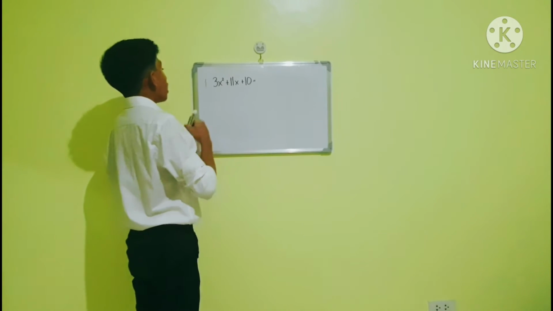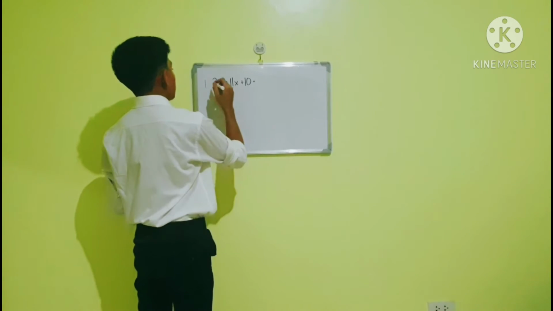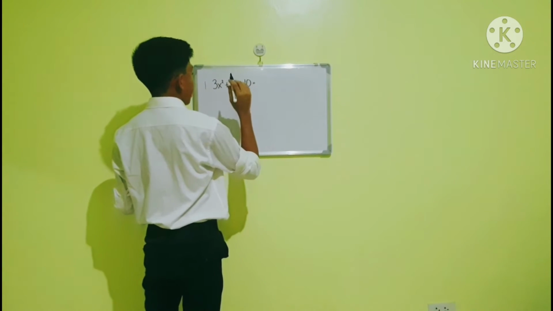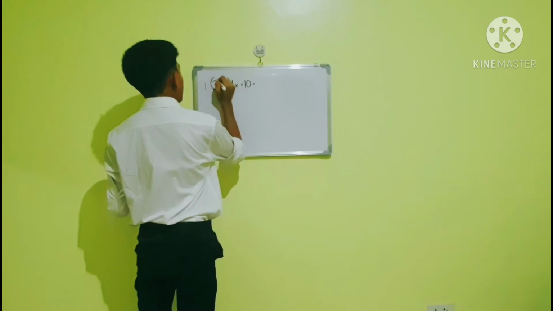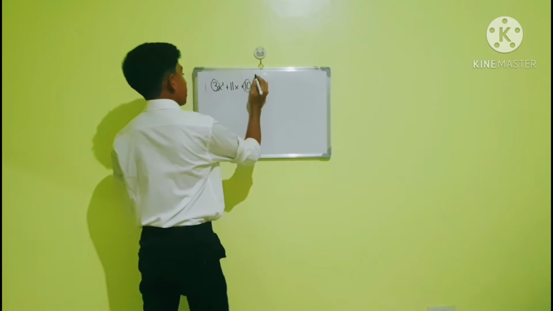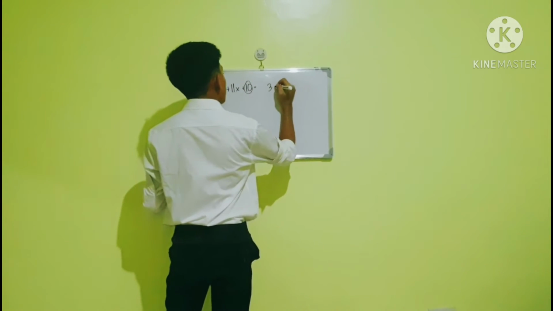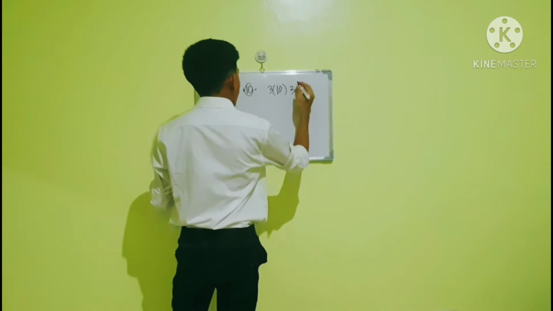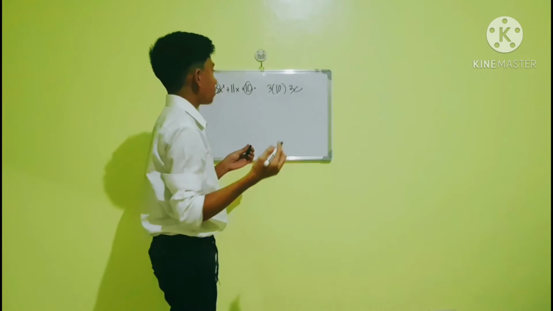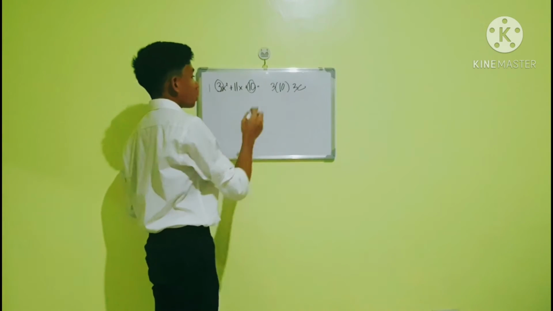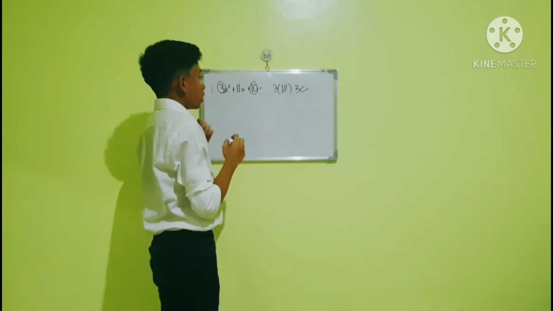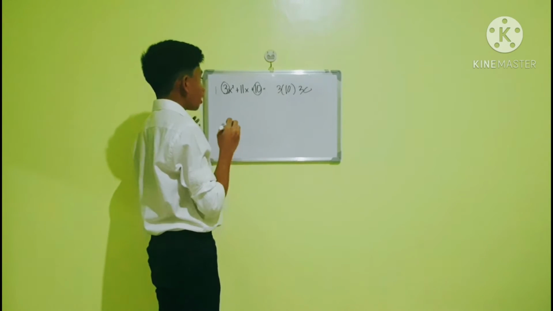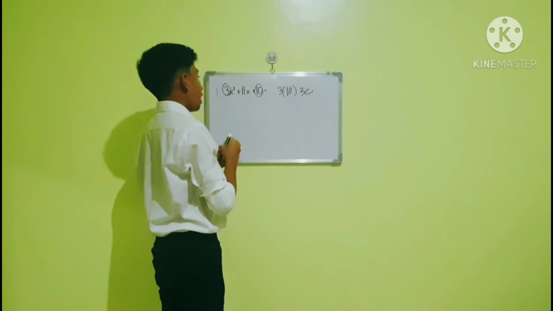The first thing you need to do is multiply the first number and the last number. So 3 times 10 is equal to 30. The second step is to find two numbers that multiply to 30 and add up to 11.